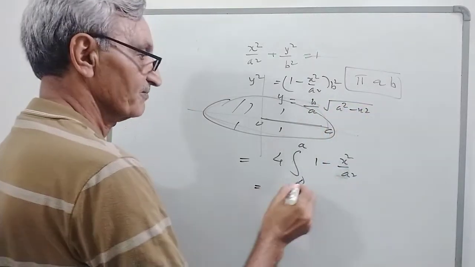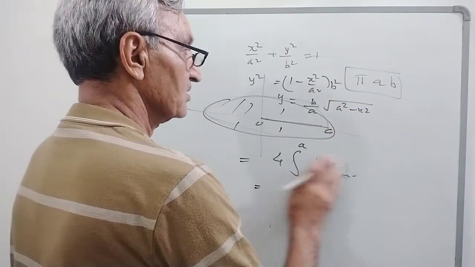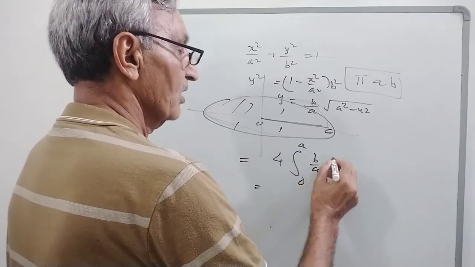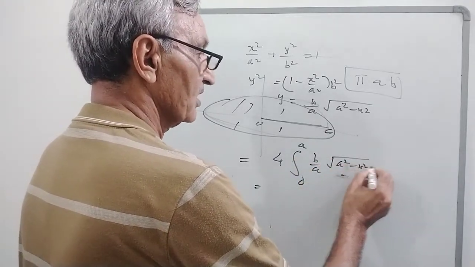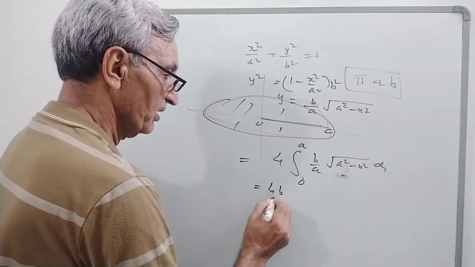This is equal to b upon a under root a square minus x square dx.